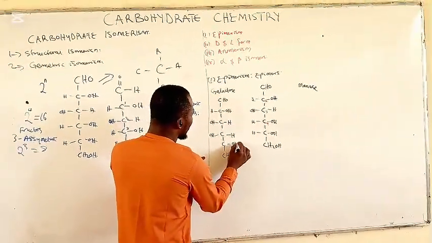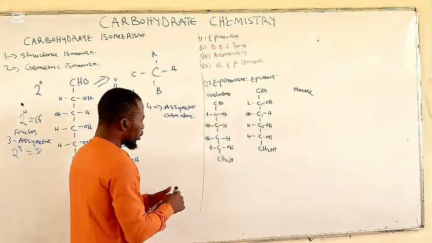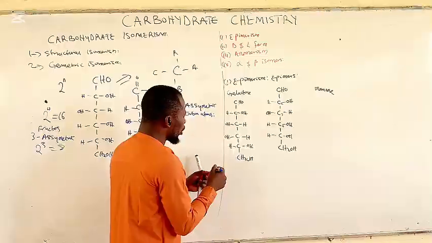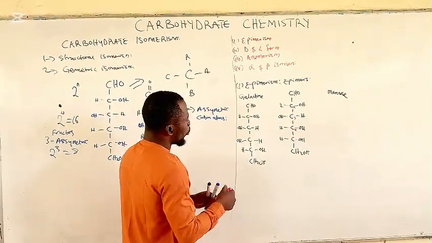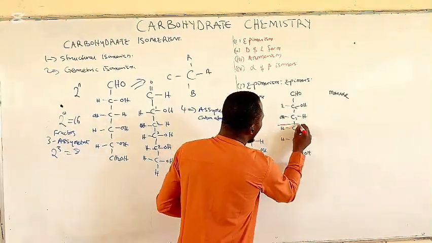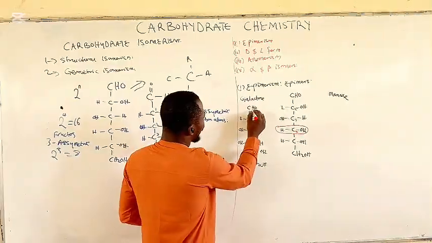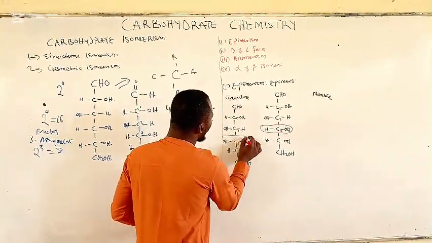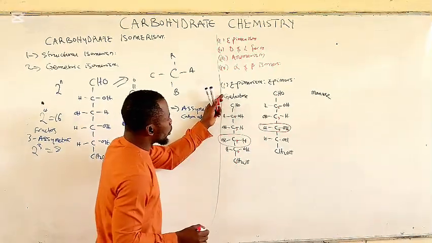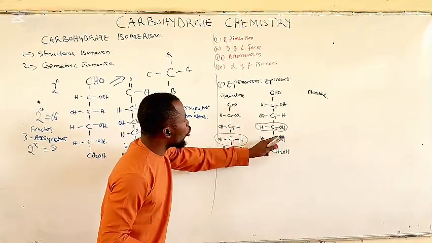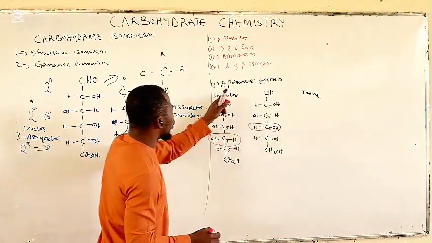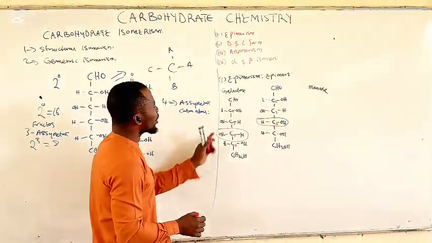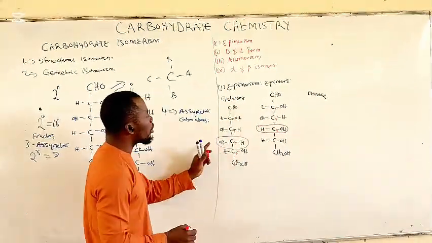Carbon 5 is the same. So the difference in the orientation of OH at 1 carbon atom is epimerism. So galactose is an epimer of glucose at carbon 4.